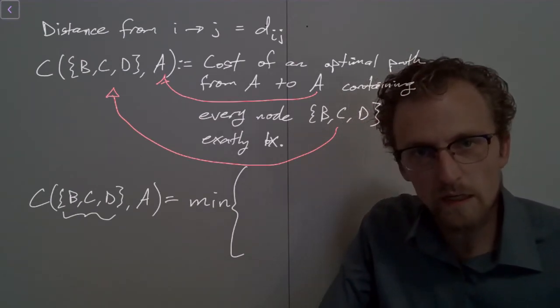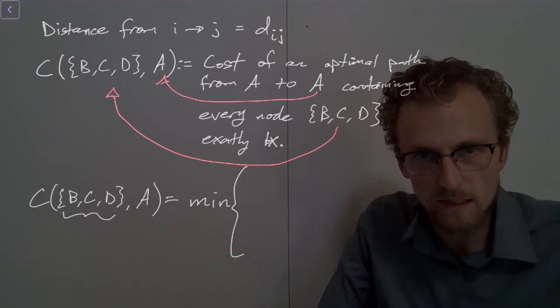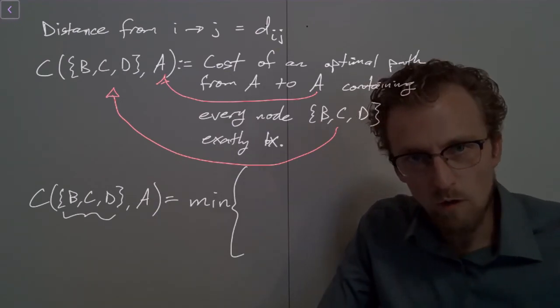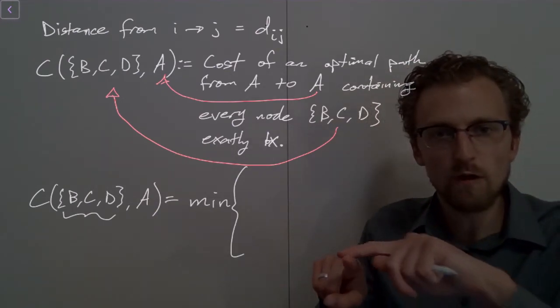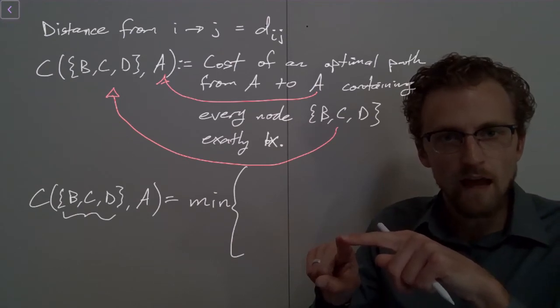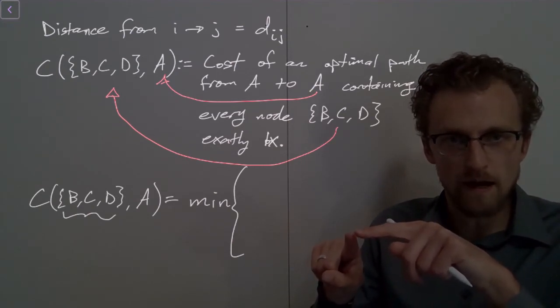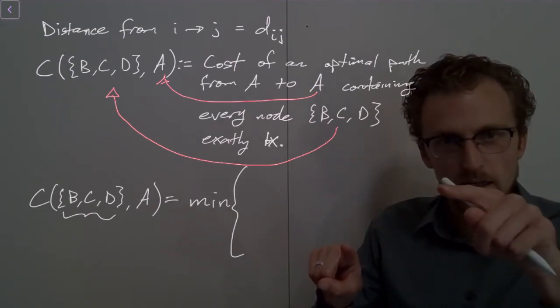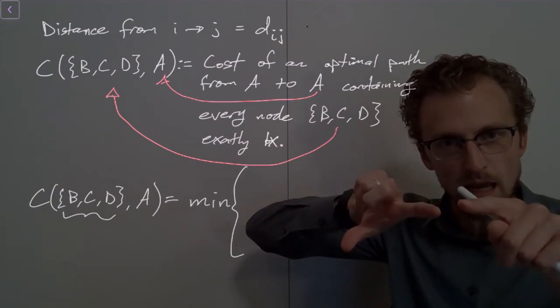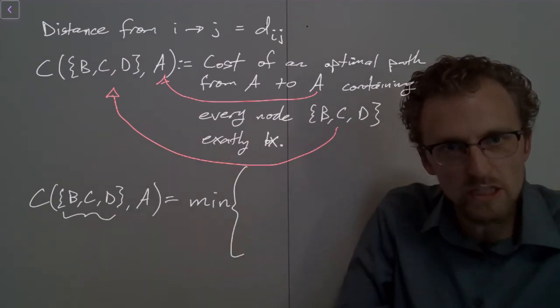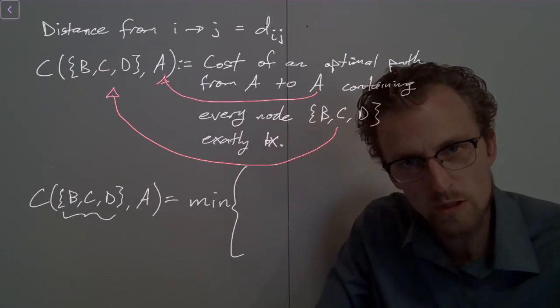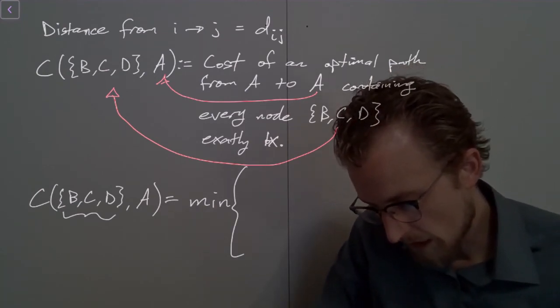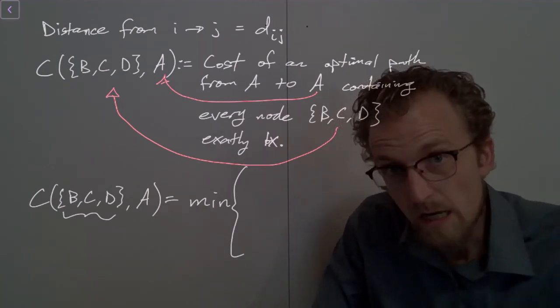So let's just plug that in here and then proceed. So it could be if C is the second to last node. Now what does that look like? Well, then the cost of the path from A to A has to be equal to the cost of the path from A to C plus the distance from C to A. Right? So there's our DP step, right? There's our little recursive call to C. So what we'll say is this has to be equal to, this is if, right?